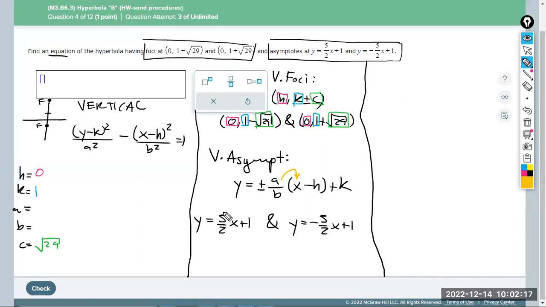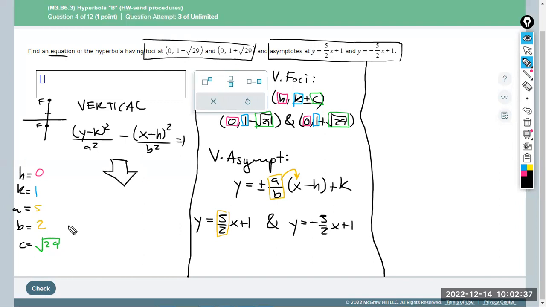So 5 divided by 2 is a divided by b. That means that a is 5 and b is 2. We only needed to notice those things to get all the values.